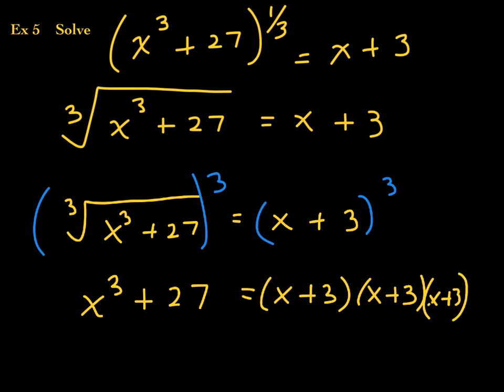So you have to distribute. It's a whole lot of distribution here in order to get what the right-hand side should be written as. So one thing I recommend is to multiply two binomials first, and then we'll multiply by that last binomial last, okay?